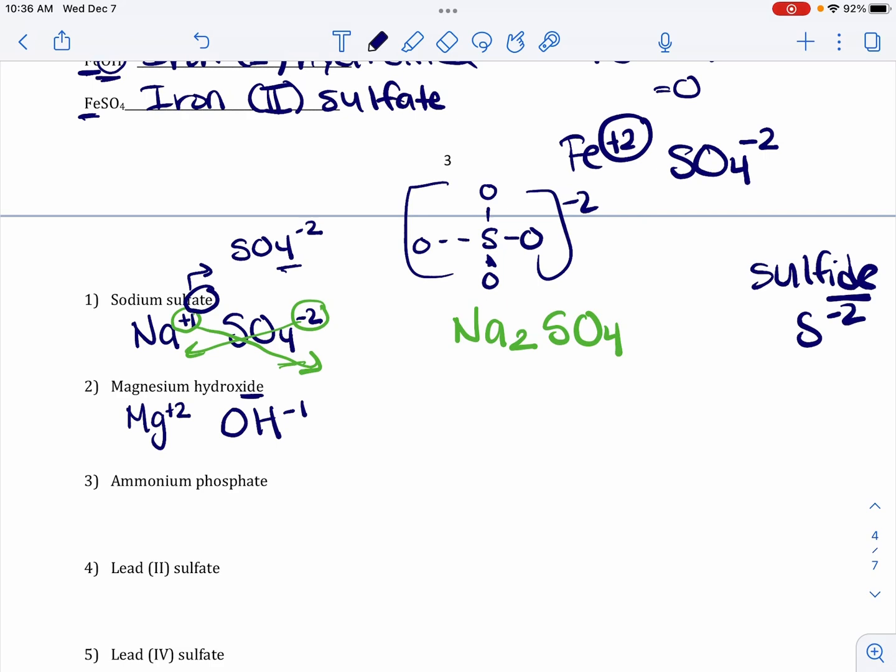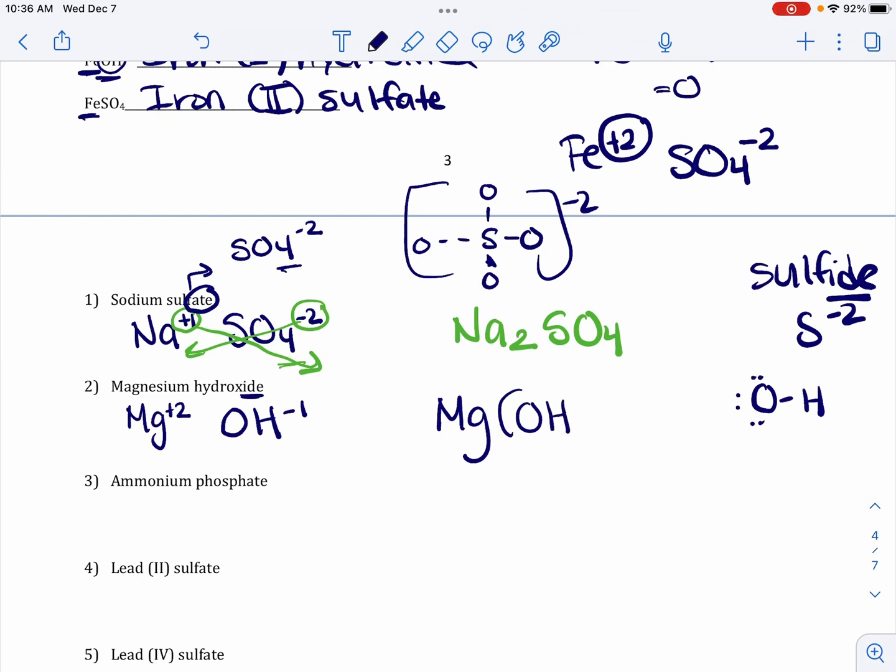So this is where we need to be careful, because this OH is telling us that our molecule itself is O bonded to H. So that's one thing. When we crisscross, we need 2 of these.